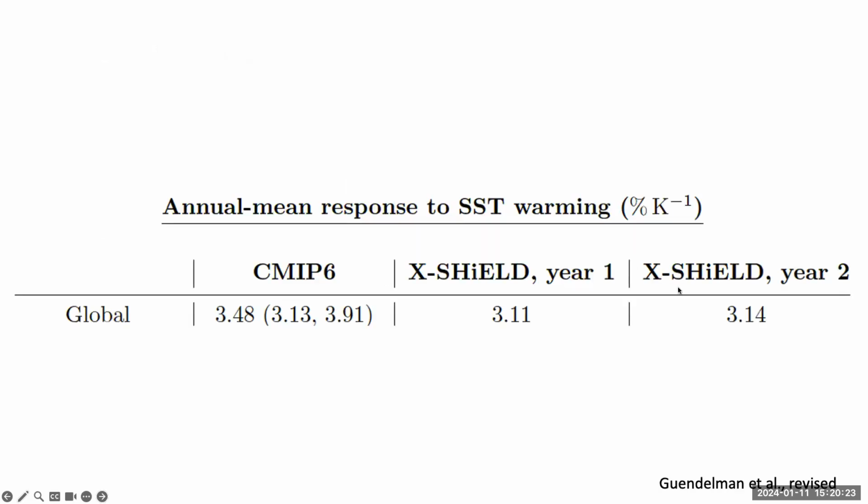And when we look at the annual mean changes of CMIP6 models, the numbers that you see in the parentheses are basically the spread within the year. So 95% of the yearly changes within the different CMIP6 models are between these two values. You can see that, first of all, XShield is in the lower end of the changes, but it's more or less within the range.